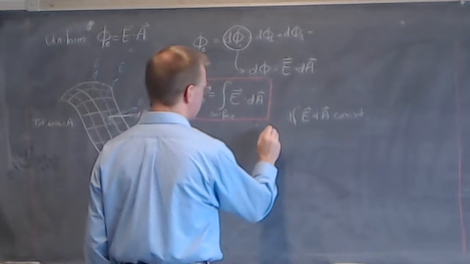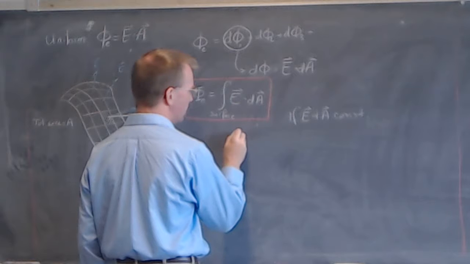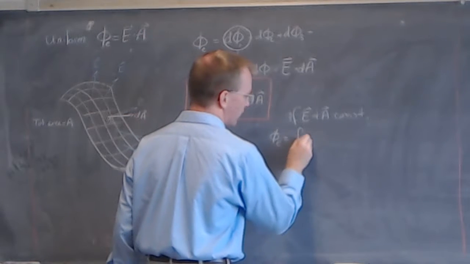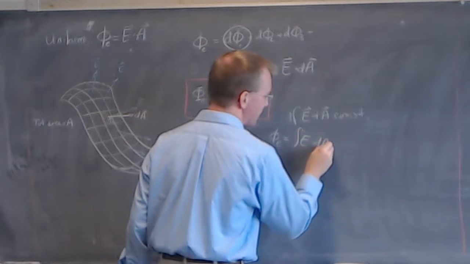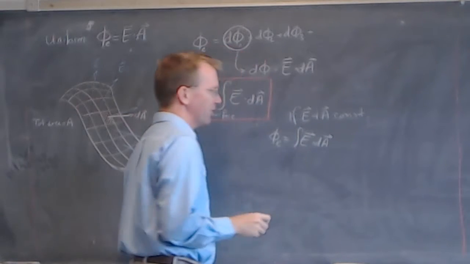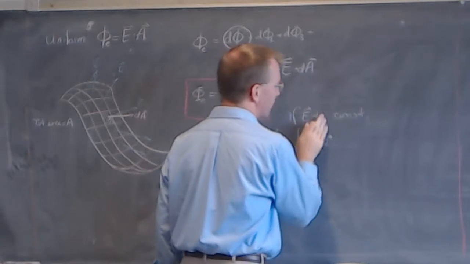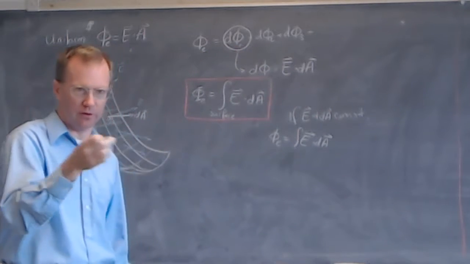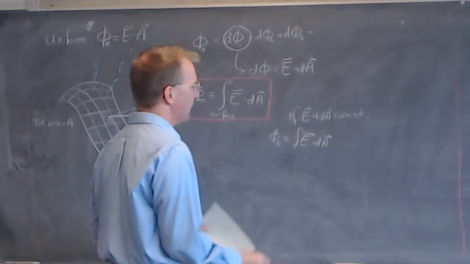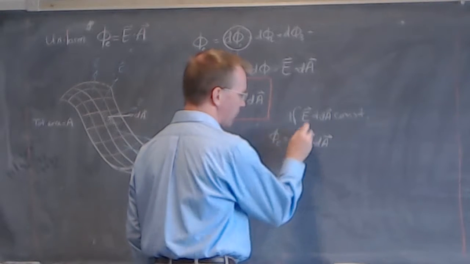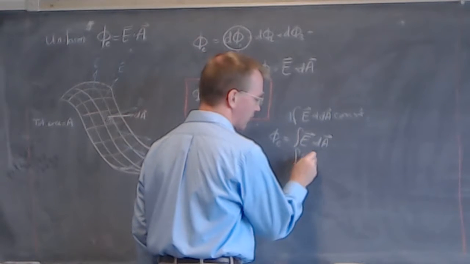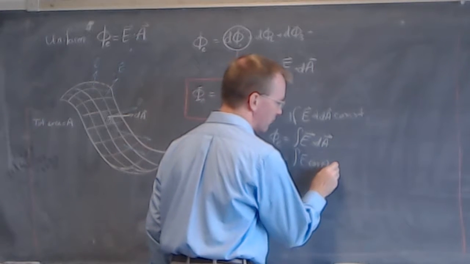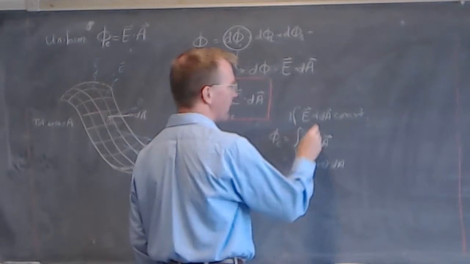In that case, you've got E dot dA. I should have said dA is constant, not A, because dA is the little bit that is in different places. Now, if I do the dot product then I've got the integral of E cosine theta dA.